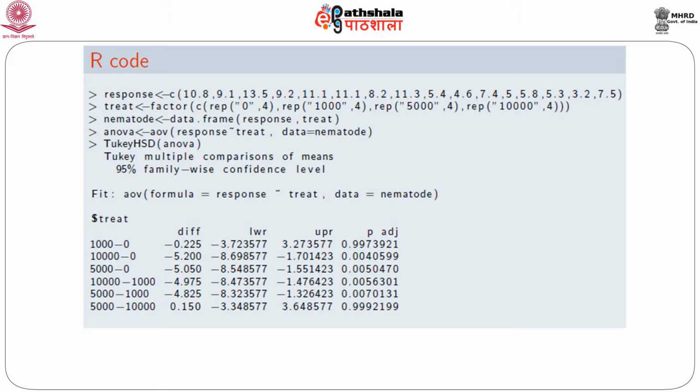Obviously, the entries in these columns will be useful when the p-values are less than 0.05, as in the case of the second line. For example, I can see that the difference between the 10,000 group and the 0 group lies between minus 8.698577 and minus 1.701423. So, that is the basic interpretation of the Tukey HSD output.